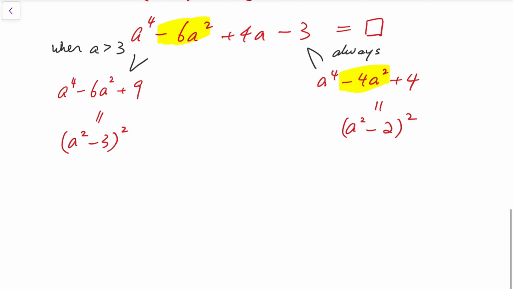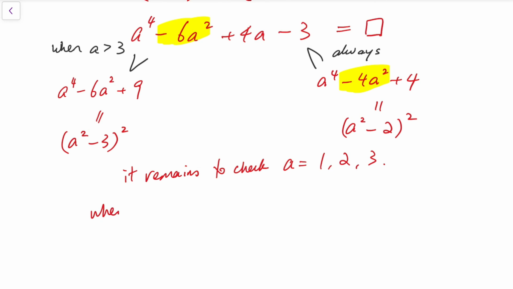So that means we only have a very few cases to check. It remains to check a equals 1, 2, and 3. We can check that one by one.